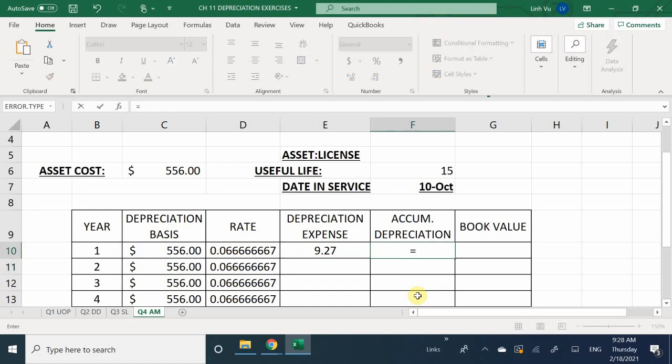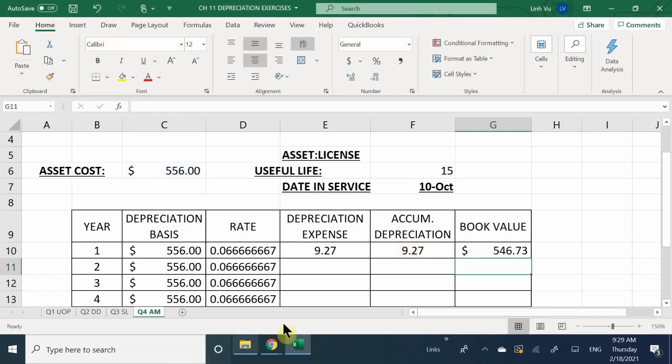So that makes my accumulated depreciation for the first year $9.27. So what is going to be my book value? $546.73.